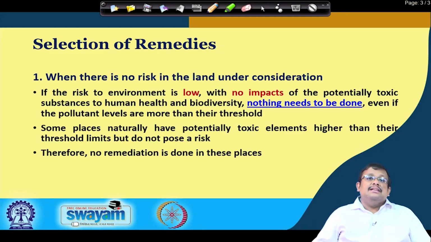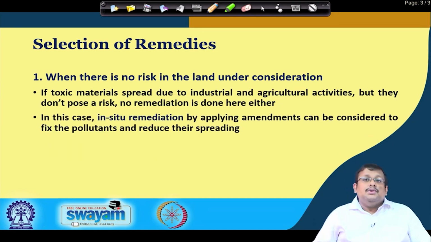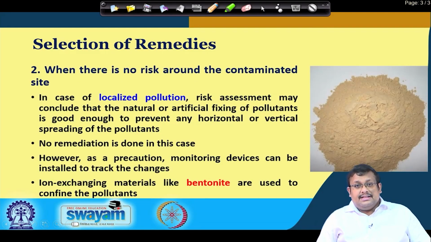Therefore, in this case we do not need any remediation of those pollutants. Also, if toxic materials spread due to industrial and agricultural activities but do not pose a risk, then again no remediation is done here either. Now, in this case, in situ remediation by applying amendments can be considered to fix the pollutants and reduce their spreading. So, this is the condition where there is no risk in the land under consideration.